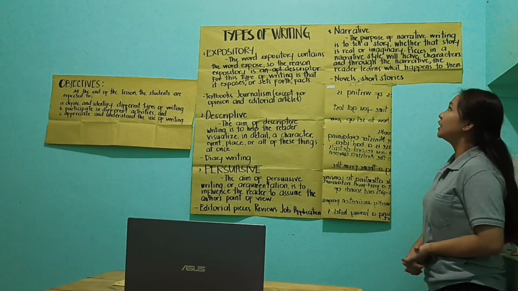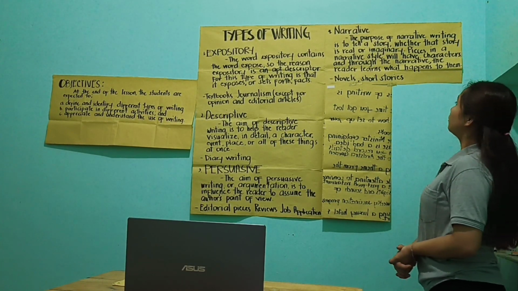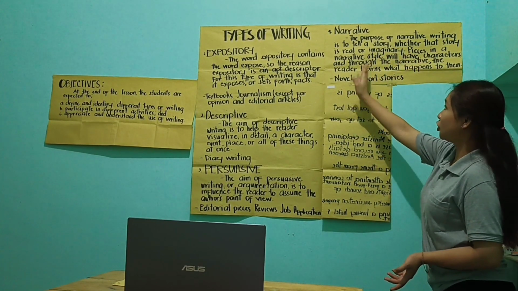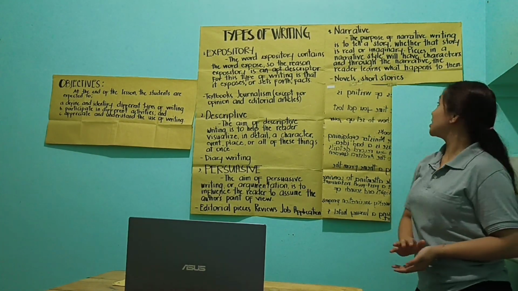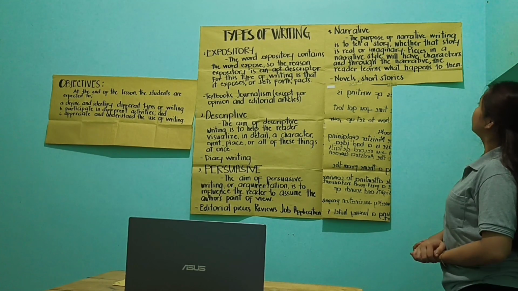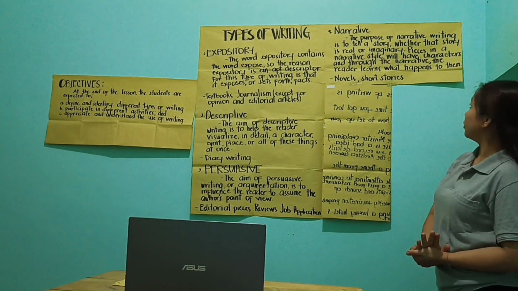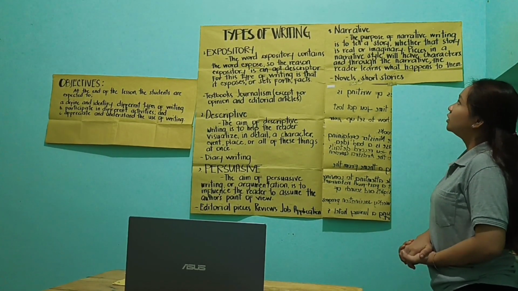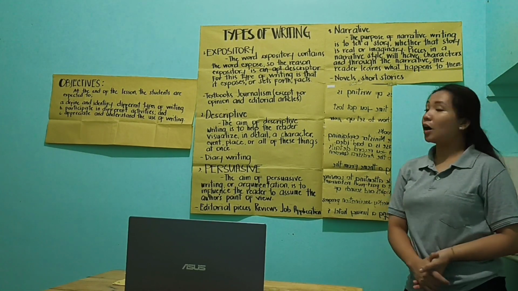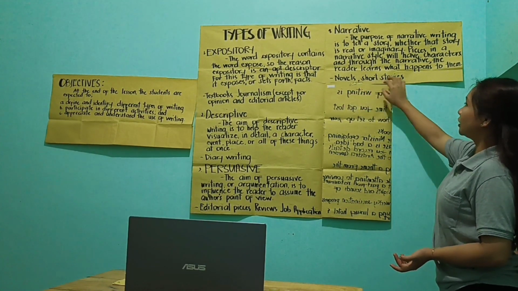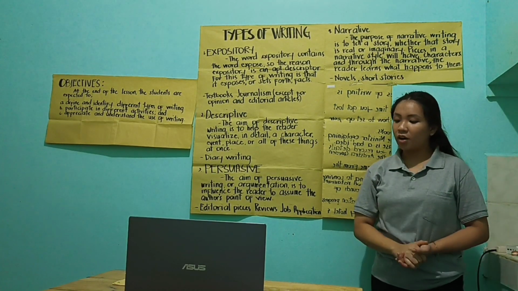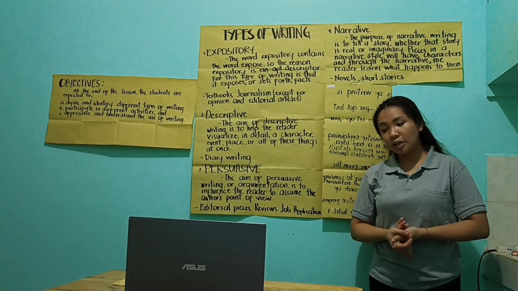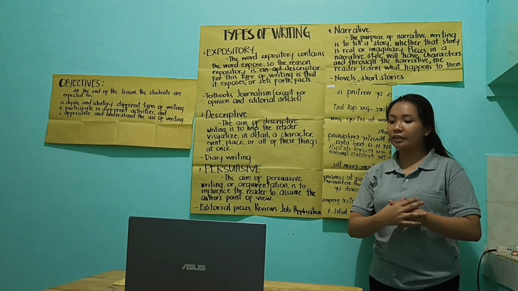The last is narrative. The purpose of narrative writing is to tell a story, whether the story is real or imaginary. Pieces in a narrative style will have characters, and through the narrative, the reader learns what happens to them. So, narrative writing can be found in novels, short stories, and all types of fiction like novellas, poetry, biographies, human interest stories, anecdotes.